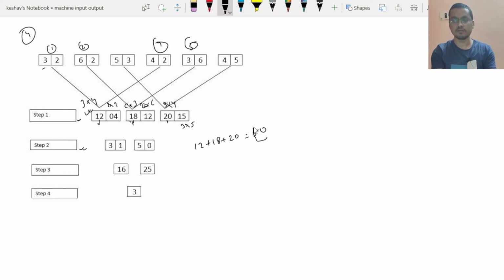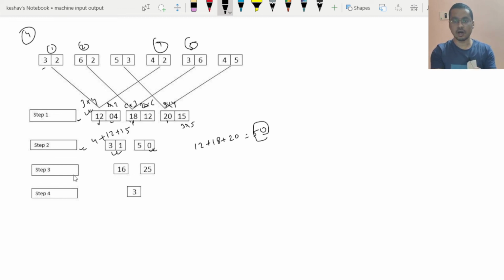Fine, so this 50 is written here in box 2. We get box 2 by adding the first digits of box 1, box 2 and box 3. And the first box is the sum of the second digits of box 1, box 2 and box 3. So 4 plus 12 plus 15 is equal to 31.